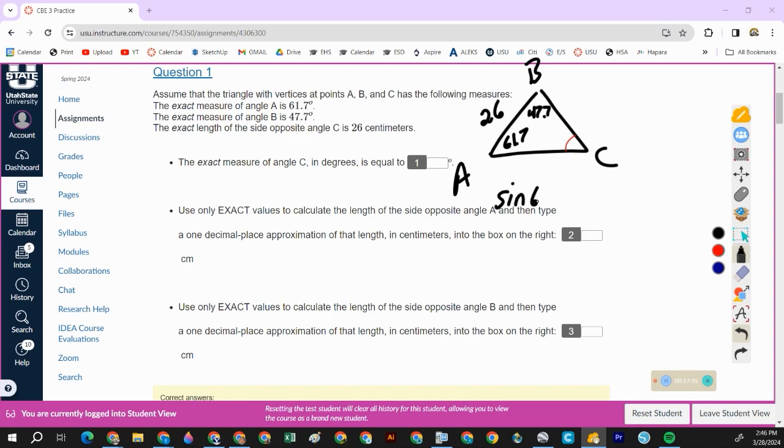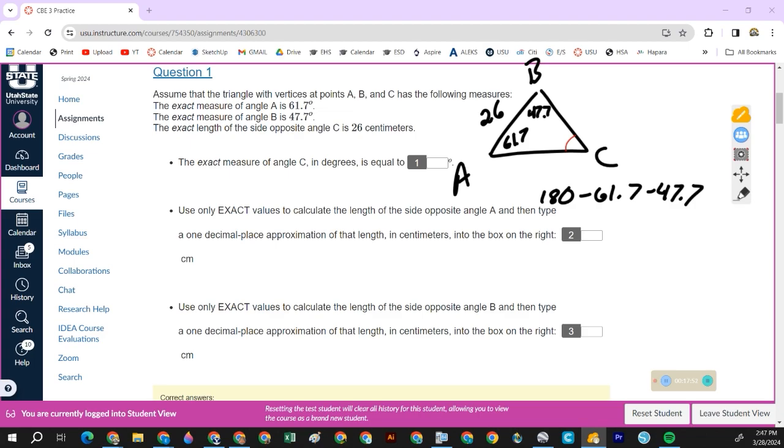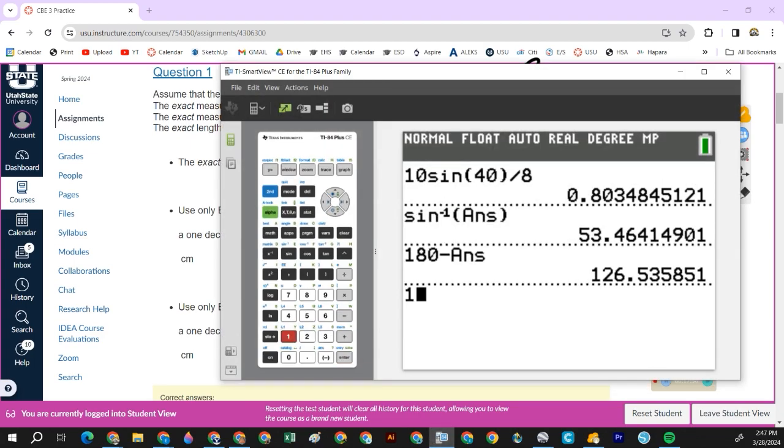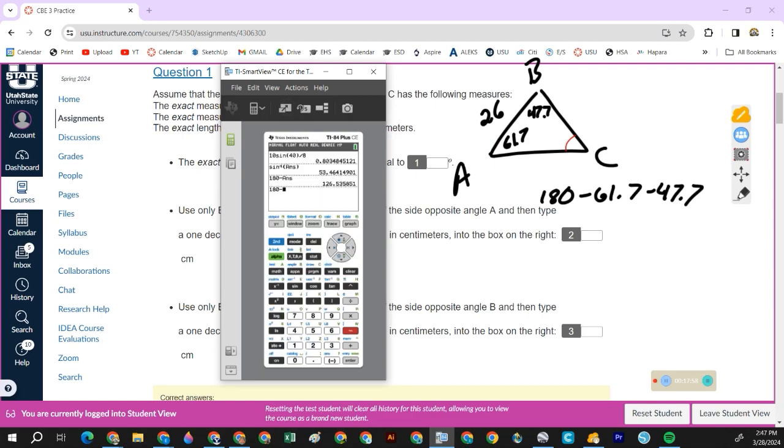Sorry, let's not do that. C is going to be 180 minus 61.7 minus 47.7. Angle C is 70.6.